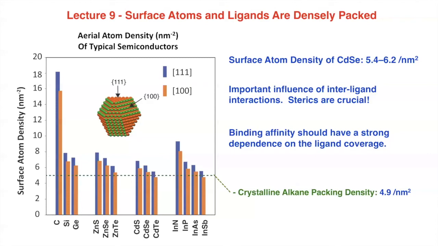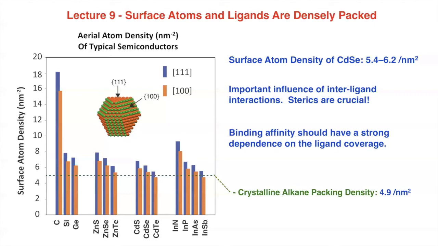So if you have a crystal of straight alkane chains, you'll find that their packing density is not as high as the surface atoms beneath. A diamond crystal is a really interesting example of this because the surface atoms in diamond are 3 times more densely packed than you can pack alkane chains. So if you have one alkane chain standing up on a diamond surface, there are 3 carbons that fit underneath it. So there's quite a bit of coordinative unsaturation on any of these surfaces if organic ligands are the only way to passivate those empty sites.